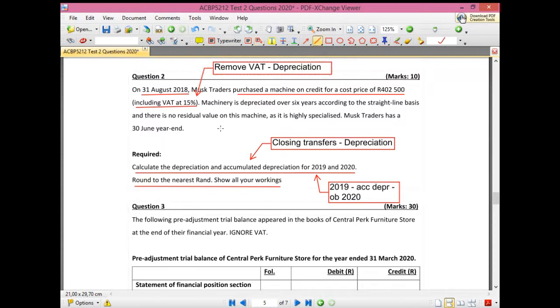They tell you machinery is depreciated over 6 years. Okay, so here they don't give you a percentage, they give you the number of years. Now, as soon as they give you the years, because we're doing the straight line method, we will divide the cost by the number of years to get our depreciation charge.